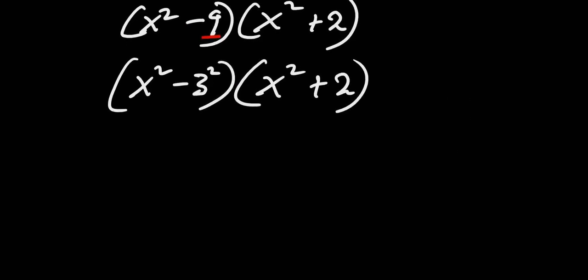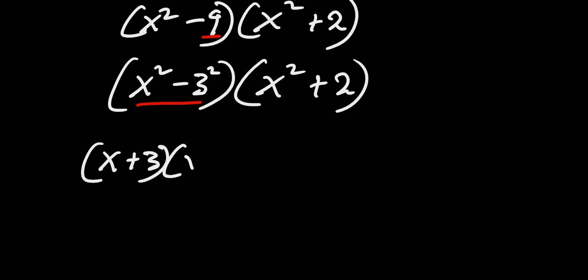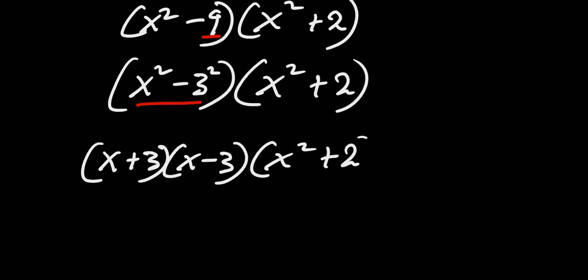And now we have difference of squares over here, and automatically we're going to have x plus 3, x negative 3, x squared plus 2. So this is the final answer to this question, and I hope this makes some sense. All right, let's go on to the next question.